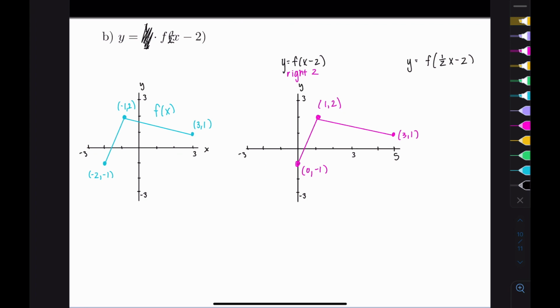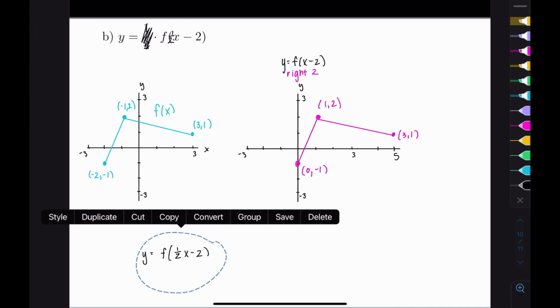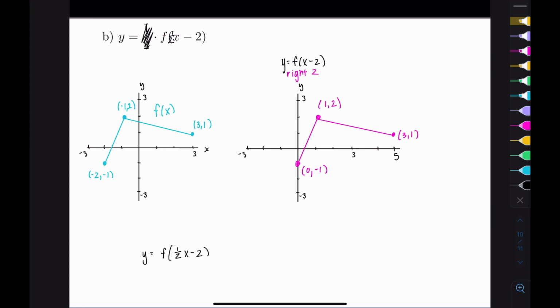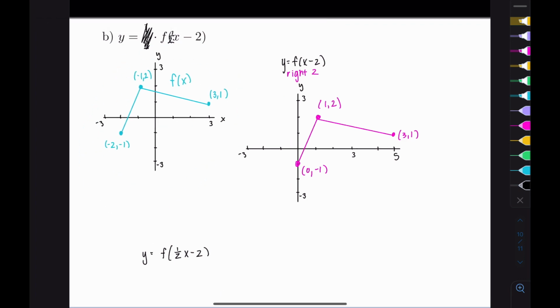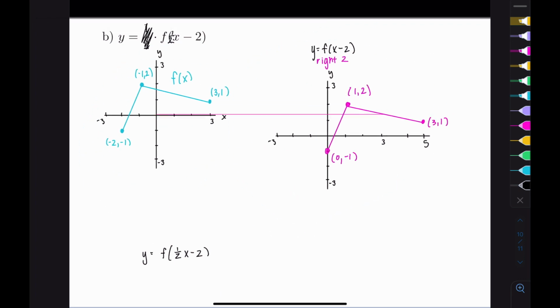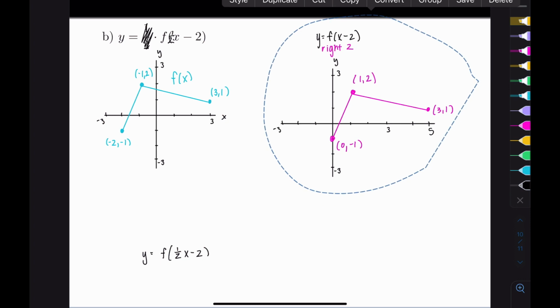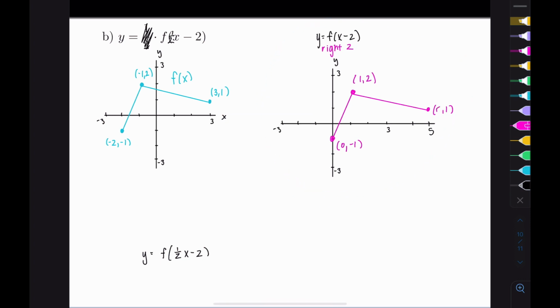Now, when I put that 1/2 attached to the x, it's impacting x values. So I gotta move all this stuff around just to make some room to get this done. Okay. And I forgot to change that to 5. It didn't look like a 5. So what I need to do now is, you would think that 1/2 would cut the x values in half, but it's going to do the opposite.